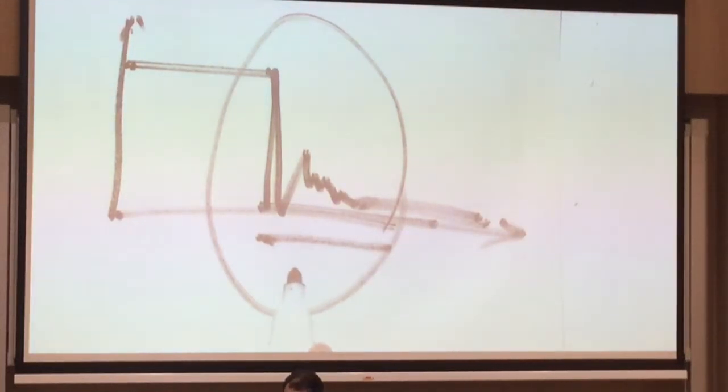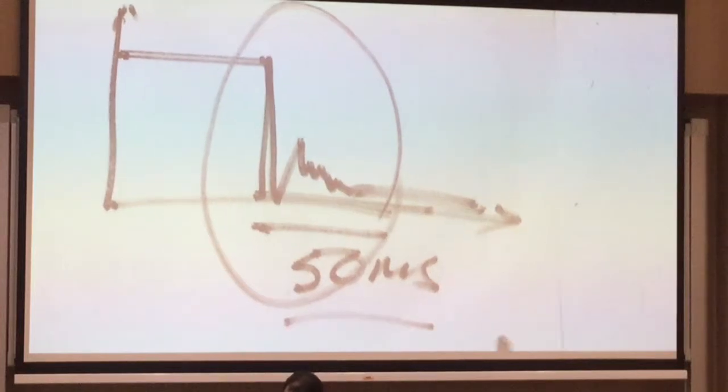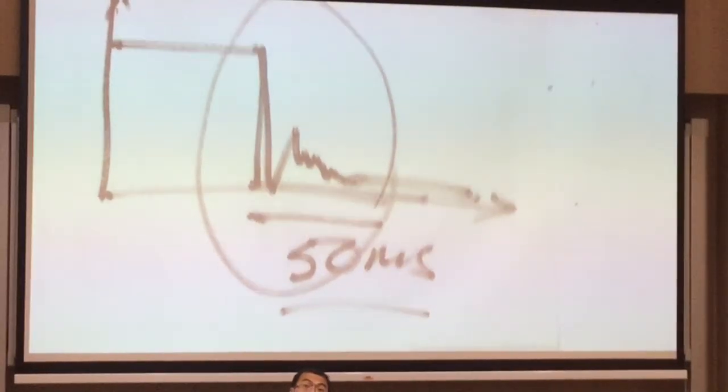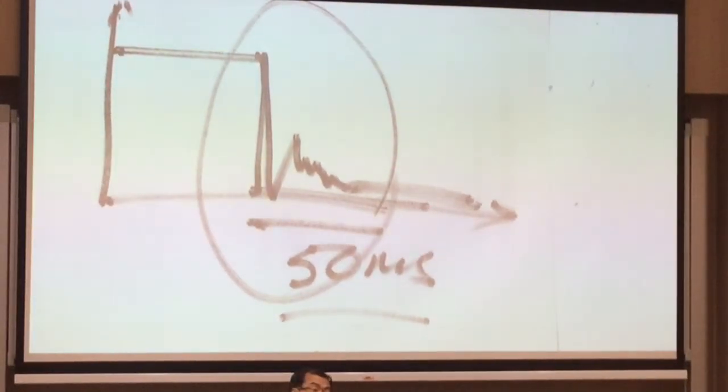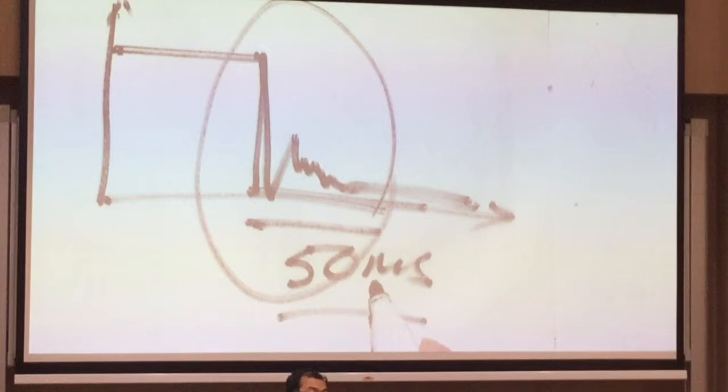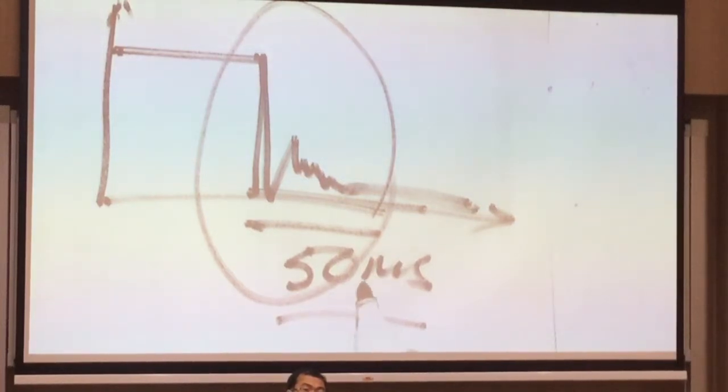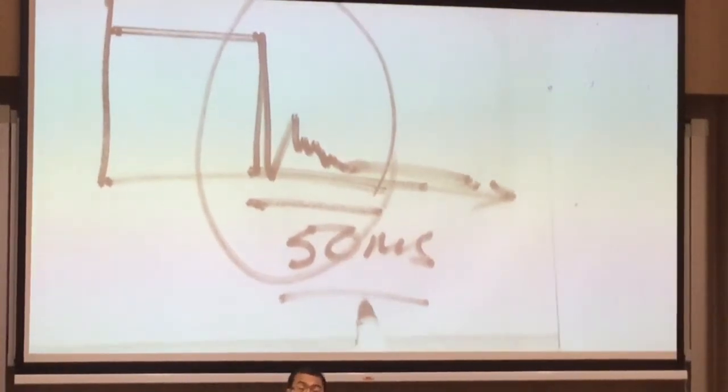And we have discussed that this transition is typically 50 milliseconds. For a human being, this is only 0.05 seconds, which is very fast. But for a microcontroller, this is actually a long time. So the microcontroller, Arduino, is actually able to capture this transition period.